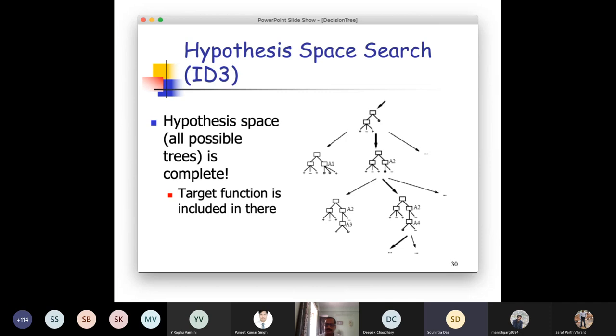Sir, think of it as in every tree the leaf node would be pure. You are saying every tree's leaf node would be pure. Yes sir, that is guaranteed. And the minimum depth to get the leaf nodes.